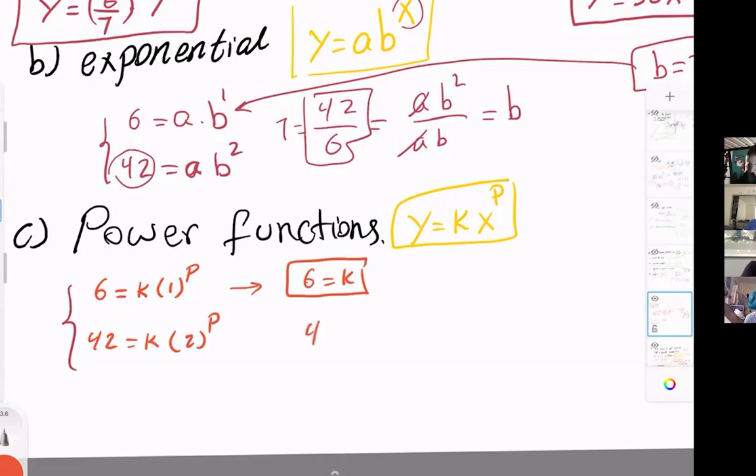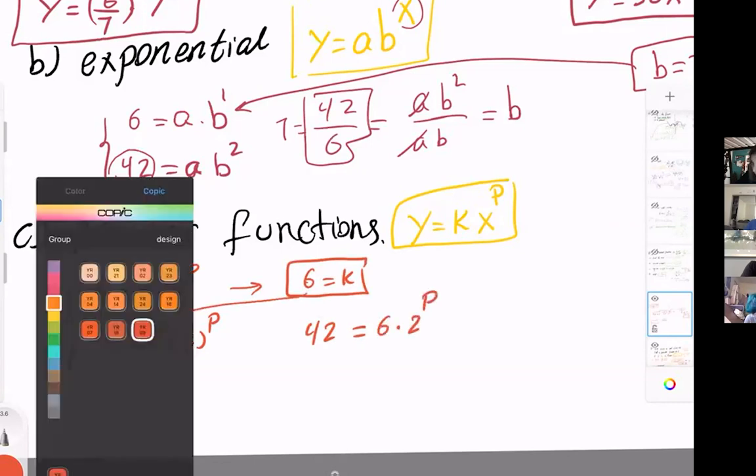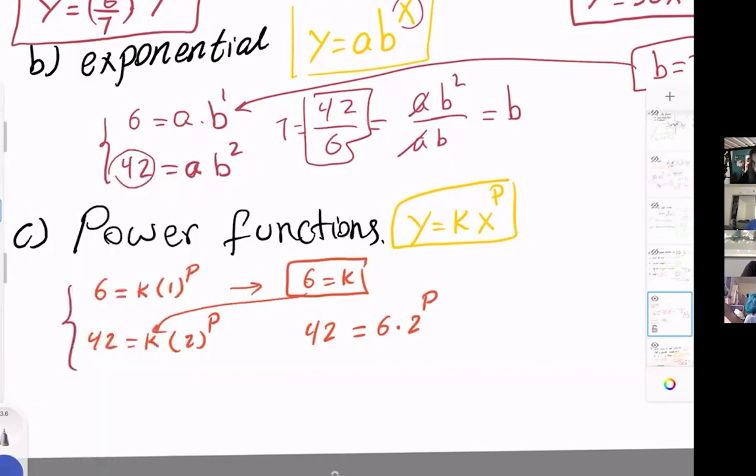So we have 42 equal to, I'm going to substitute 6 here, 6 times 2 to the power of p. I divide by 6. I get 7. So 7 equal to 2 to the power of p. How do I solve for p? I have to take a log.